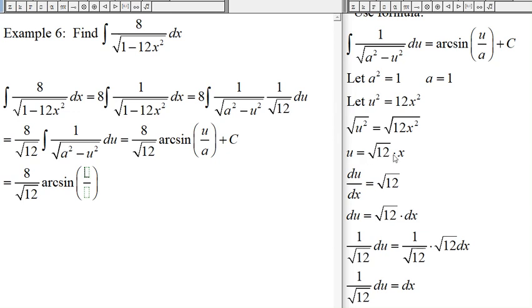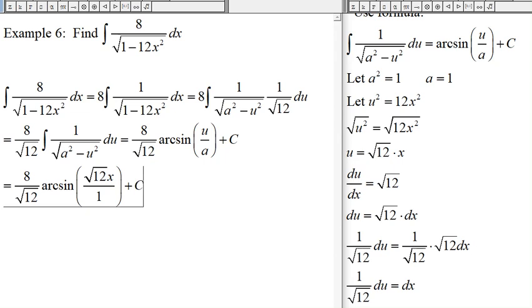Now u is the square root of 12 times x, so in the place of u, we have the square root of 12 times x, and a is 1, and plus c. So this becomes 8 divided by the square root of 12 times arc sine of the square root of 12 x, and then plus c.